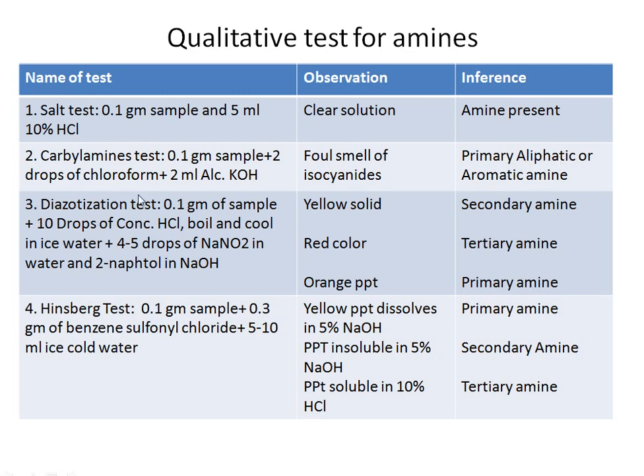The next is the diazotization test. 0.1 gram of sample, 10 drops of concentrated HCl, boil and cool in ice water, 4 to 5 drops of sodium nitrite and water to form 2-naphthol in NaOH. If you are getting red color, secondary amine; red precipitate, tertiary amine; orange precipitate, primary amine.